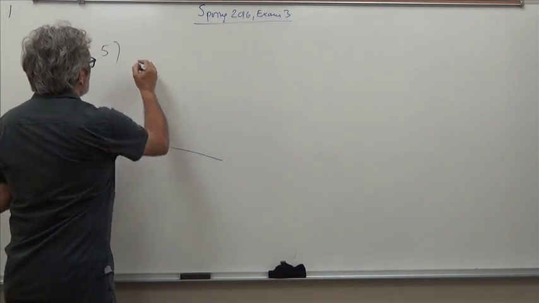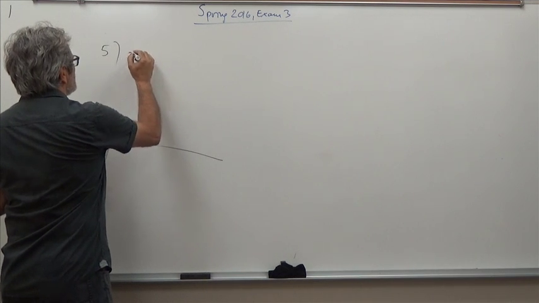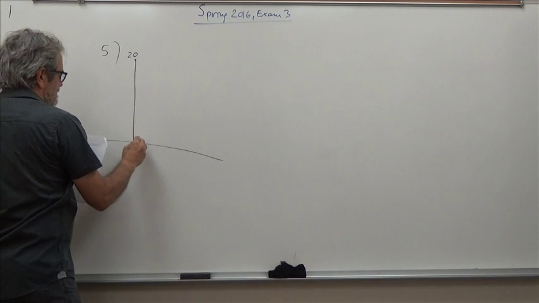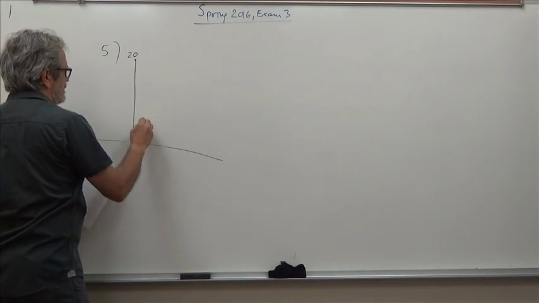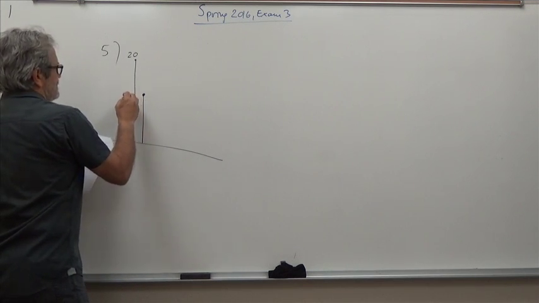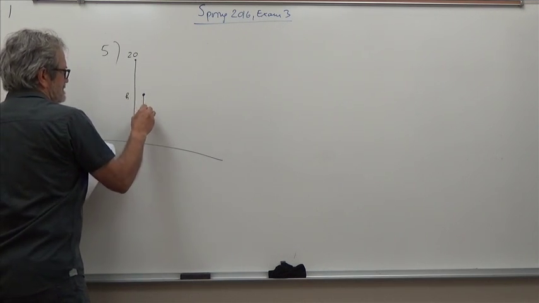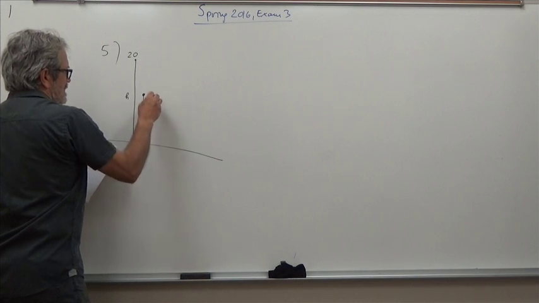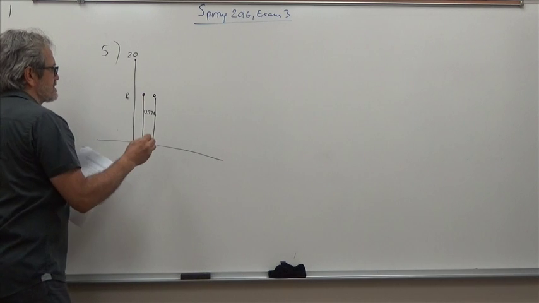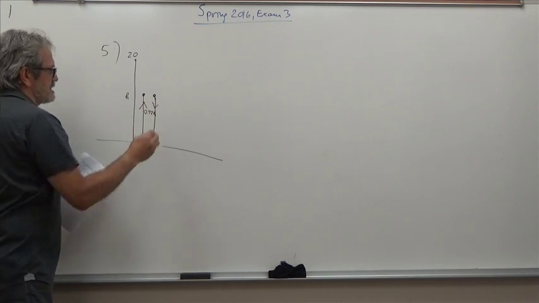So here is the ground, here is the 20 level. So the ball is dropped down, and then it bounces up. And that bounce is, so if this is h, this is 0.72 h. And then it drops down the same height. So this is going up, this is going down.